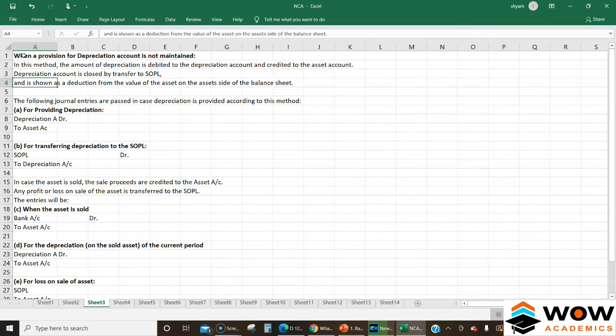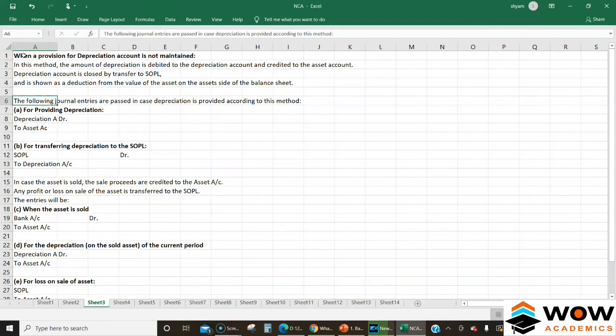The depreciation account every year will get nullified, and asset value will fall every year, and SOPL gets increased every year by the depreciation. That is shown as a deduction from the value of the asset on the assets side of the balance sheet.